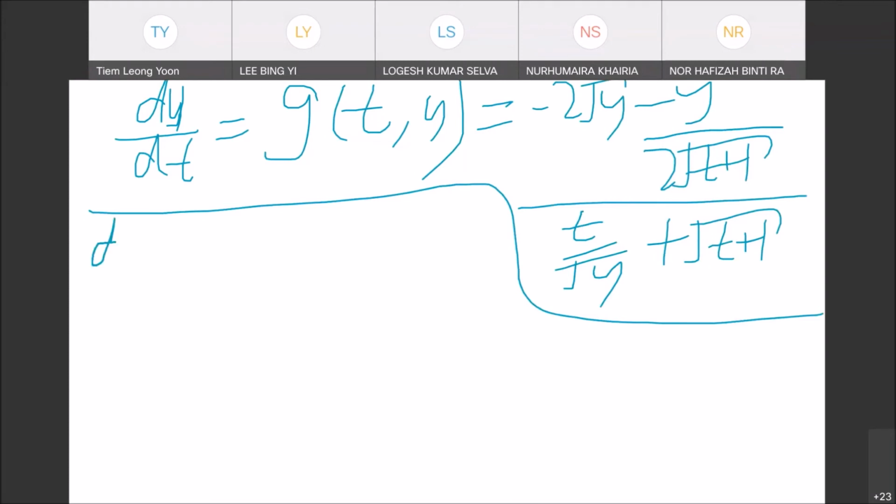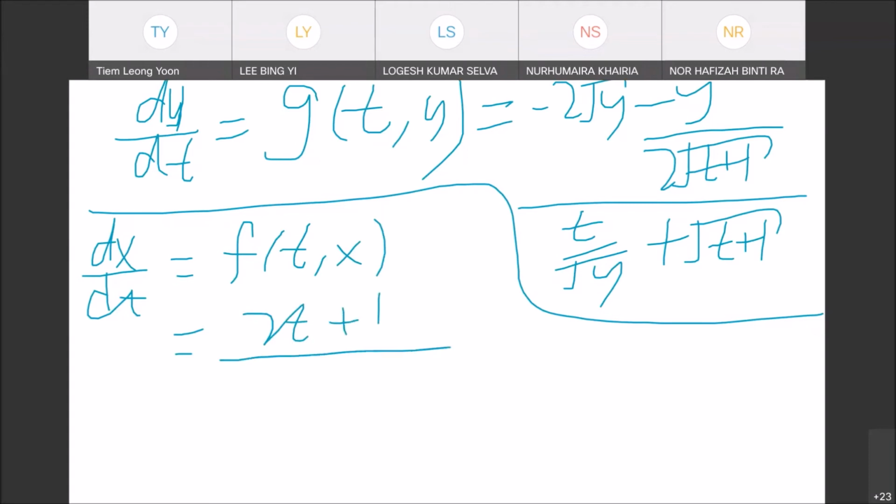Then dx/dt is a complicated function in terms of, say, I call it f, in terms of t and x. According to my record here, this is equals to 2t plus 1 divided by 1 plus square root of 3x. Okay, so we have this complicated function of f and g.